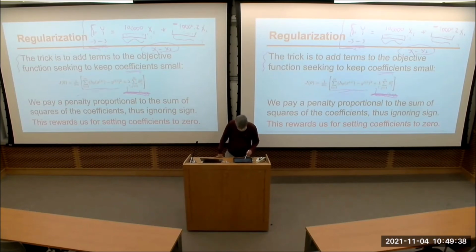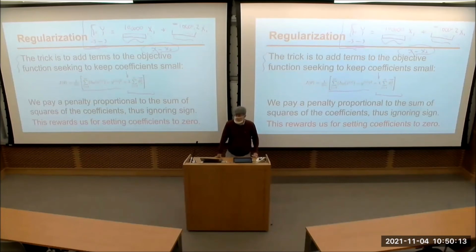What might we do? If we took our error function from before, corresponding to the sum of squared differences between the prediction and the actual value, here is a separate term where we're going to add to the error cost a constant lambda times the sum of the squares of the coefficients themselves.